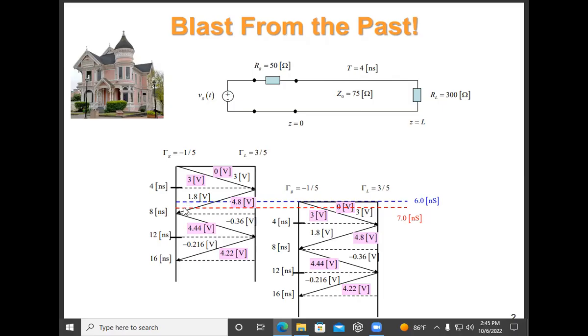So the red one is 1/4 of the way from the generator. Here's the generator end. Here's the load end. Here's halfway, of course. So this distance right here should be 1/4 of the way down. So 1/4 of the way down the line from the generator, it's jumping from 3 to 4.8.